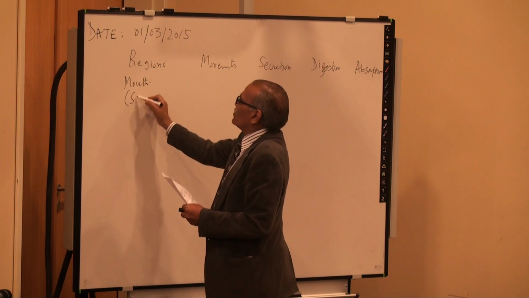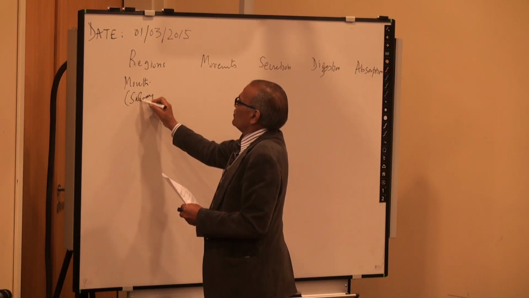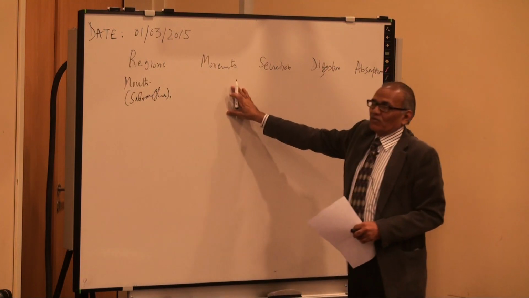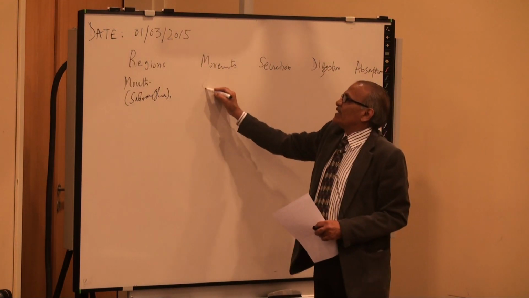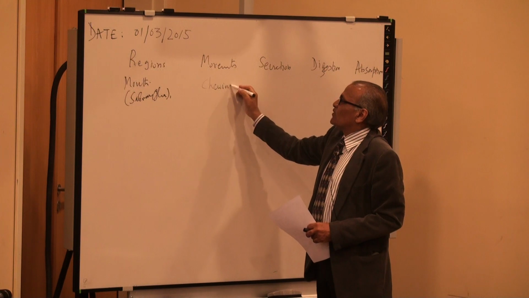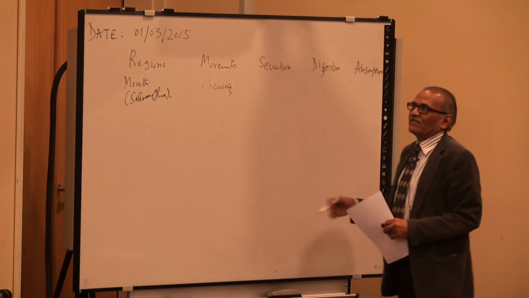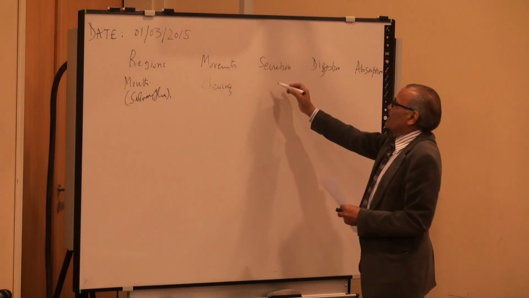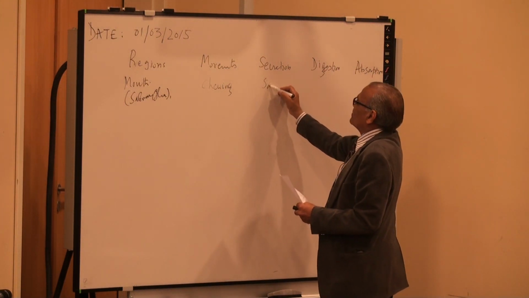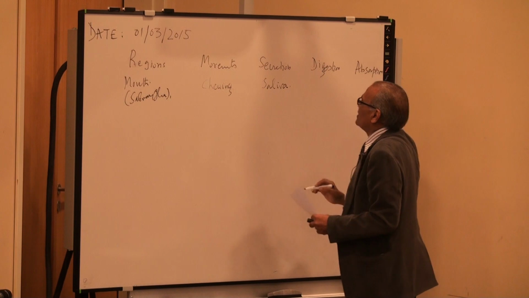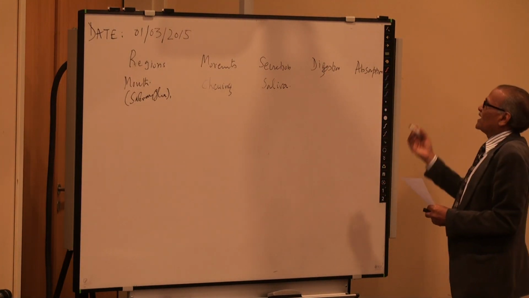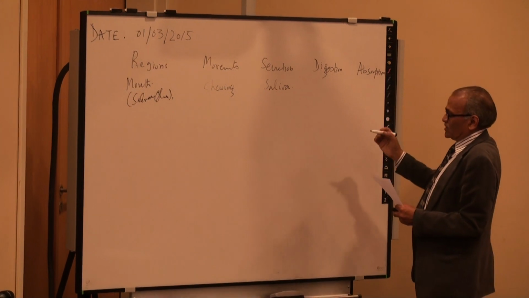In the mouth, of course, we have the salivary glands. The main movement in this region is chewing. We have to chew the food, to mix it, churn it up to make it into a bolus. And of course the secretion here is saliva. Now it has certain enzymes, the amylases, mucus and lysozymes.